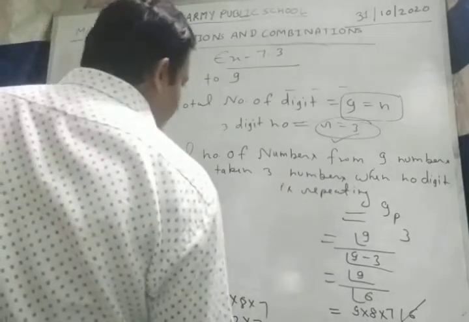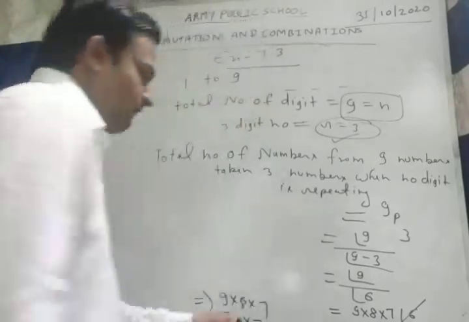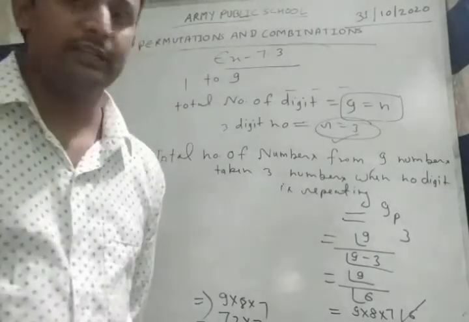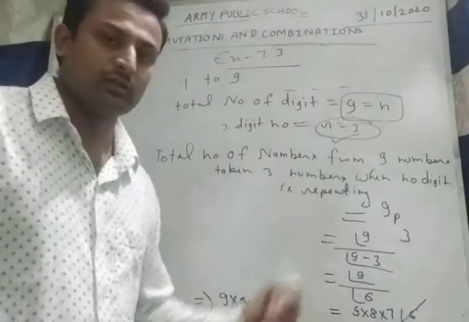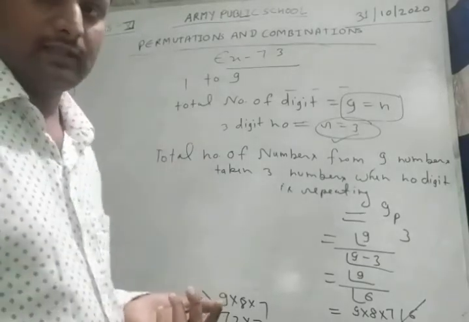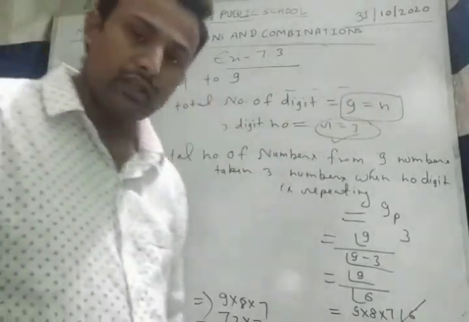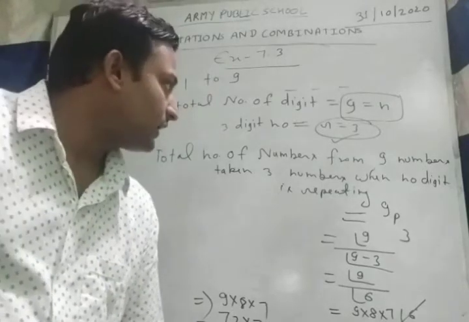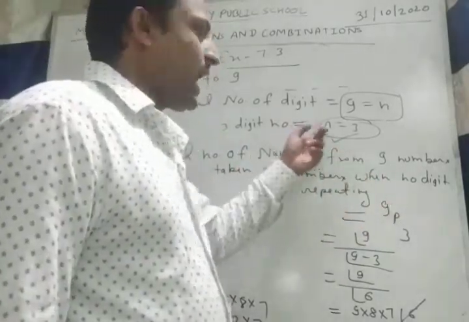So the total number of three-digit numbers will be 504, using the digits 1 to 9 when the digits are not repeating. This will be the solution of our first question. What is given in this question? The digits 1 to 9, so n is 9, and we have to form three-digit numbers when no digit is repeating, so r is 3.